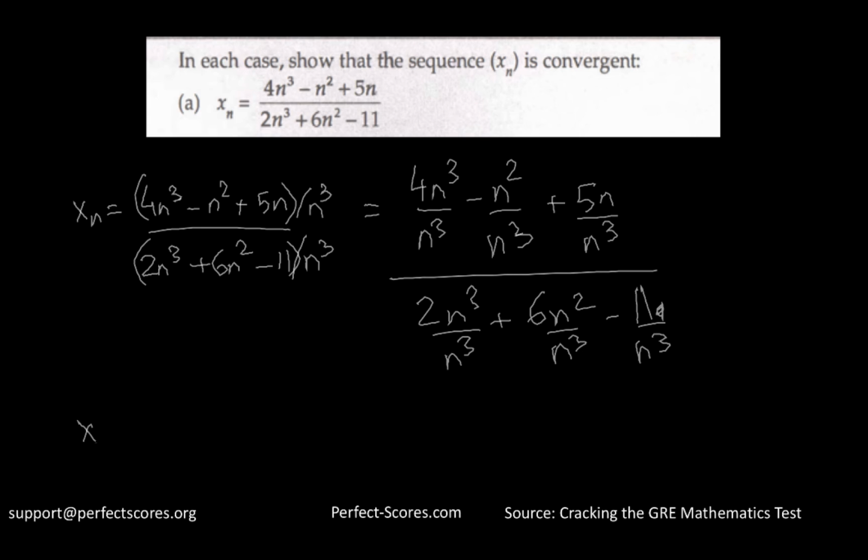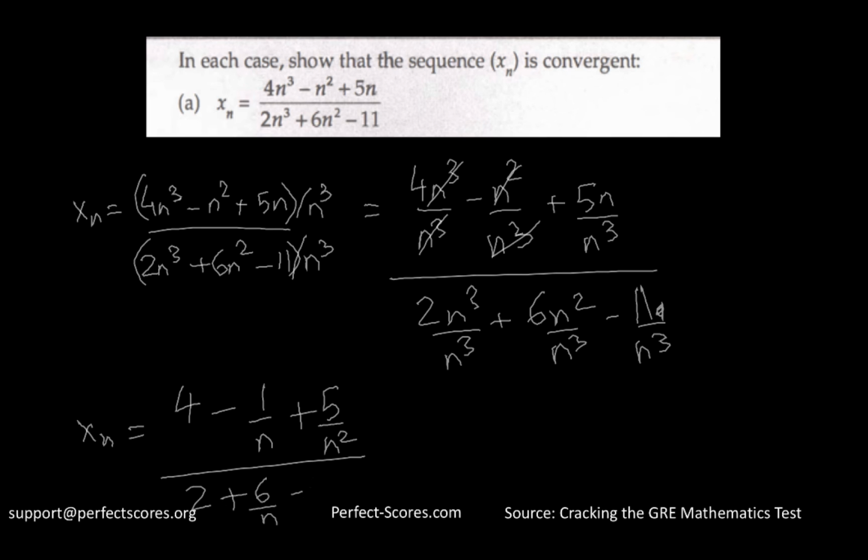So you can see that xn turns out to be 4 minus 1 over n plus 5 over n square, divided by 2 plus 6 over n minus 11 over n cube.